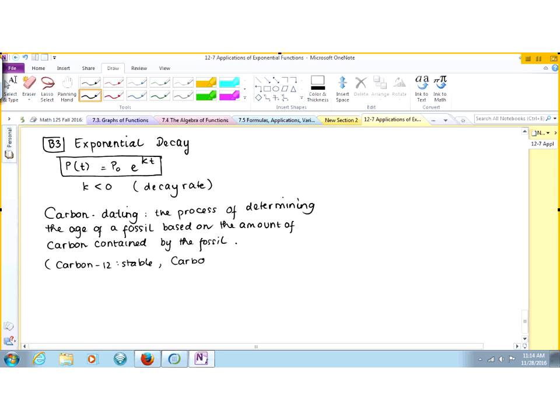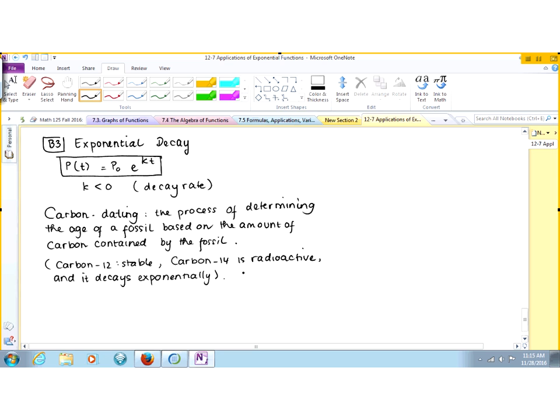But what is radioactive is called carbon-14. Radioactive means the amount changes, decays exponentially. So carbon-14 is radioactive and it decays exponentially. How about carbon-12? Well, no, it's stable.